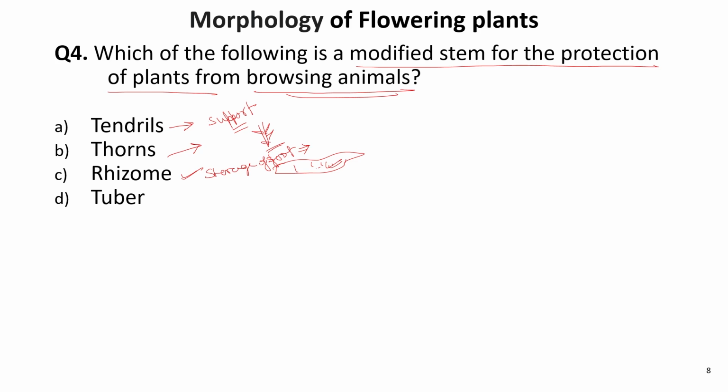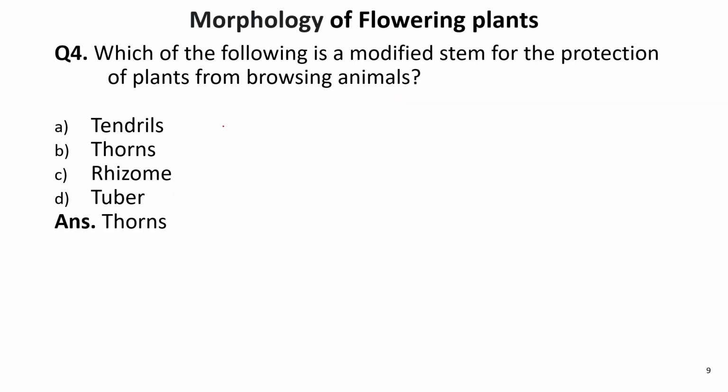So this is also not favoring the question which is asked here. Next distractor is the tuber. Tuber is again an underground stem, as we can see in the case of potato. So that also does not help the plant from being browsed by the animals. But here, yes, thorns is the correct answer.